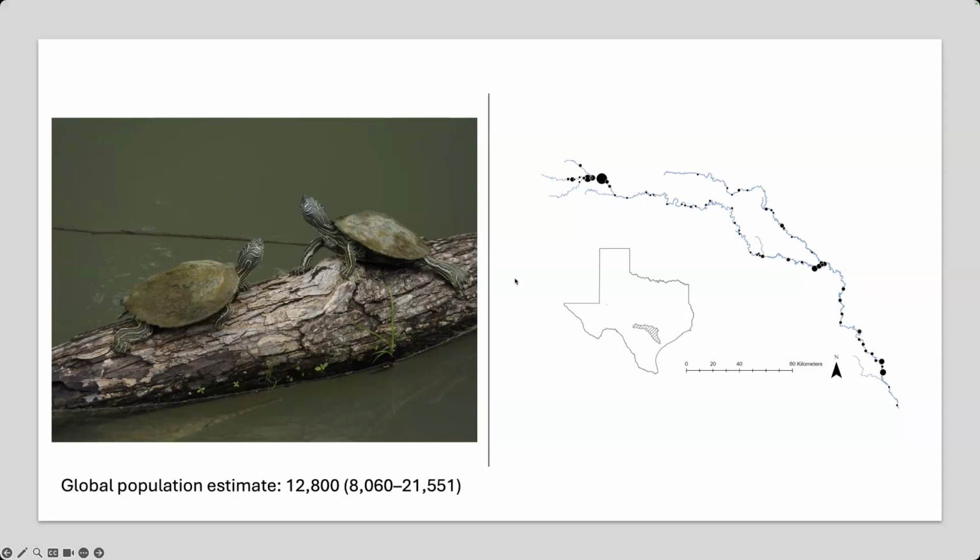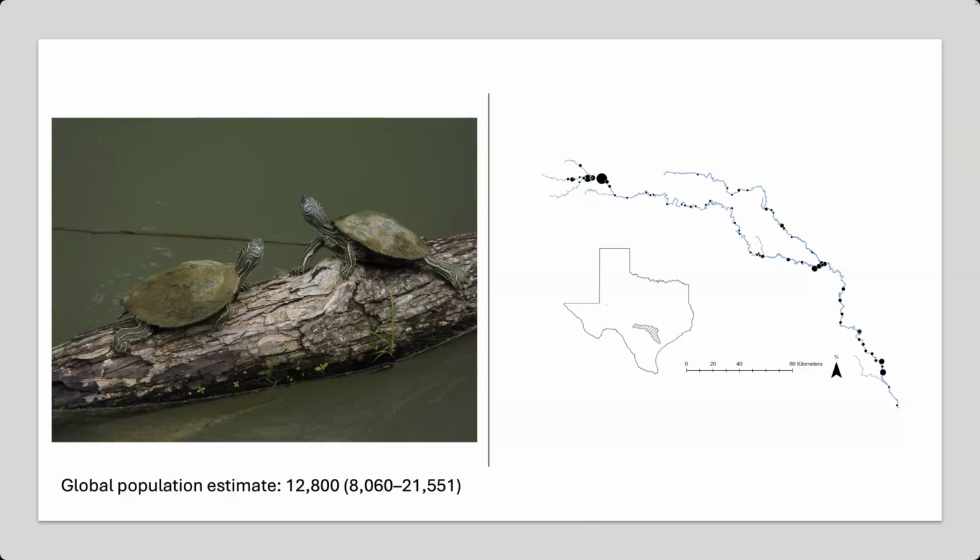But collectively, with our estimates extrapolated across these geography blocks using the average density for each block from our best-fit models, we get an estimate of about 12,800 map turtles for the Guadalupe San Marcos drainage, which is remarkably similar to the estimate that Killebrew came up with about 25 years ago.